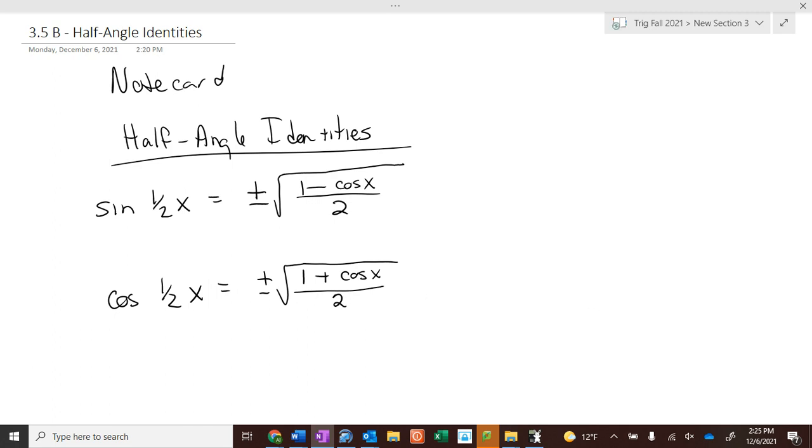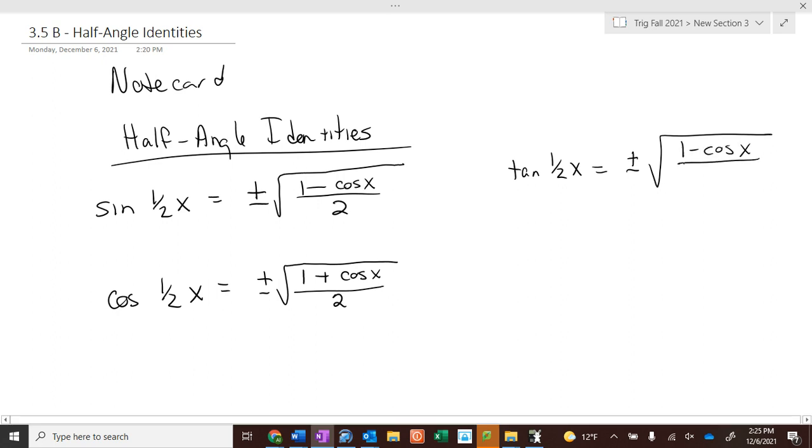And then we have 3 tangent formulas. Now we know the tangent is sine over cosine, so it's basically the sine formula over the cosine formula. But we have two much simpler formulas than that.